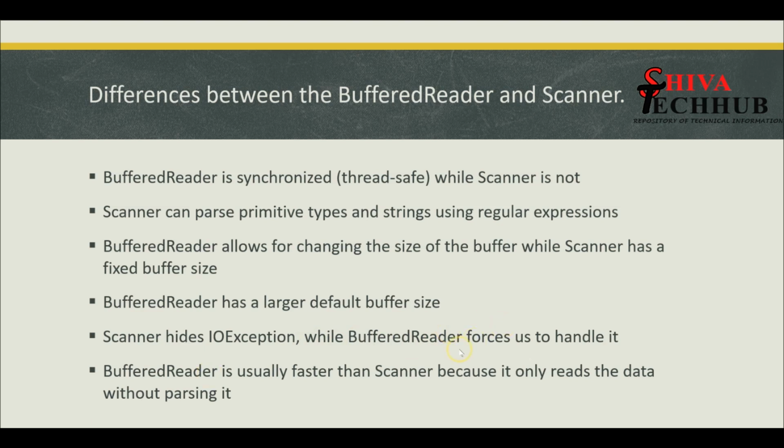Once you click on that, either you can handle it using try catch, or you can just add IOException through the throws keyword. Whereas Scanner hides IOException internally. You need not handle it under try catch, whereas BufferedReader forces you to handle it. This point we will understand with the help of a program in the coming part of this session.